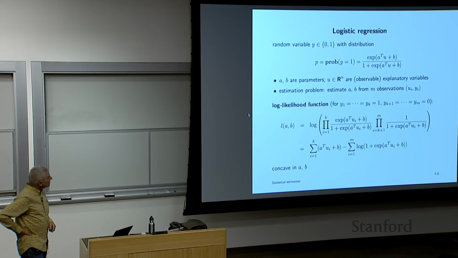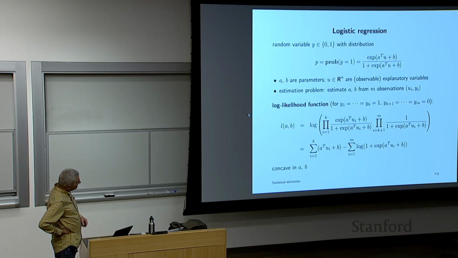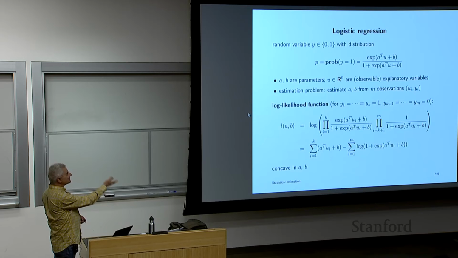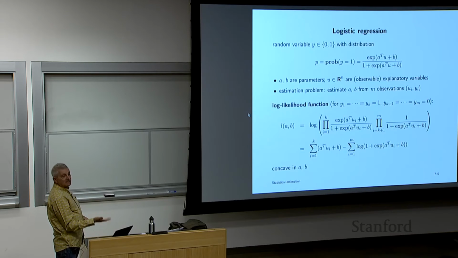So that's what it would be. And here you would say something like, conditioned on U, the probability mass function, or just the probability that it's 1, depends on a parameter, which is A and B, right?